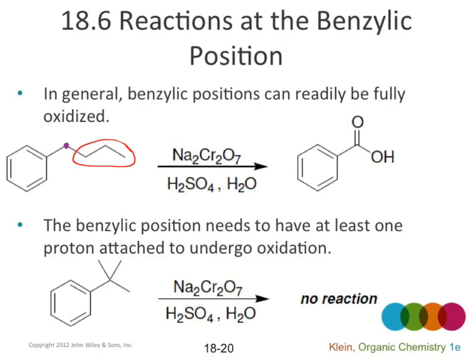What do you think that benzylic position is going to act as? I would guess it's going to be acidic. Okay? So we could pull off that hydrogen, leaving a negative charge on our carbon.